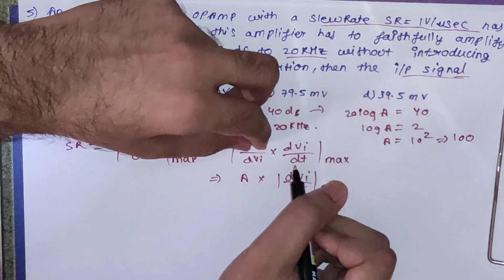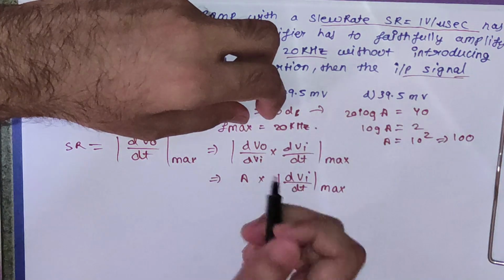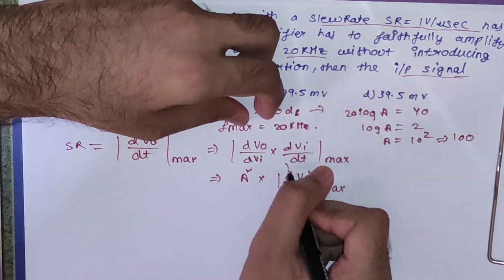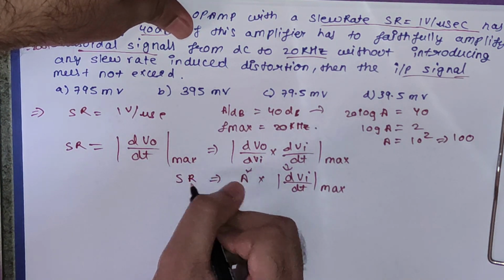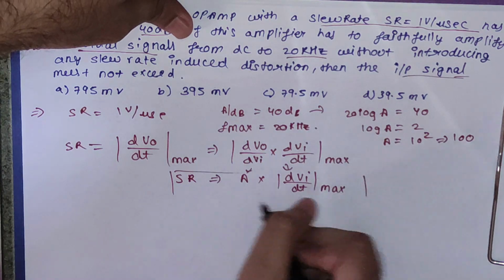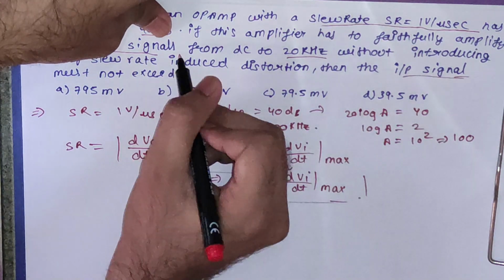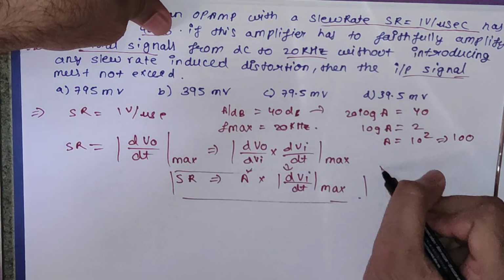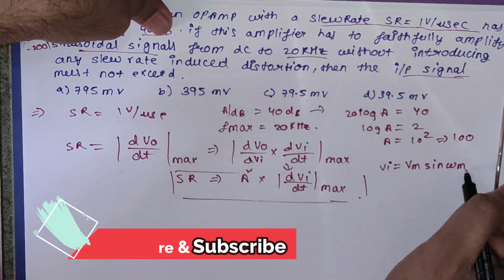This is the basic thing. You can separate this mod into two individual terms. The mod of this term will be the gain, and this term is as it is. So now you have the formula converted in terms of input voltage. Since the input signal is sinusoidal, we can use Vi as Vm sine omega m t.